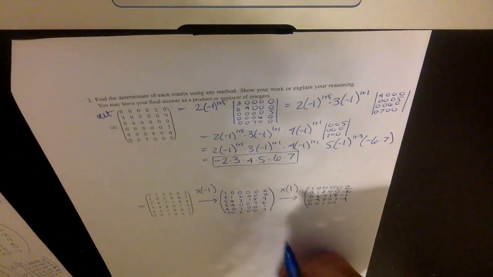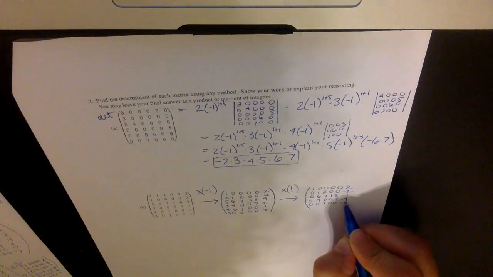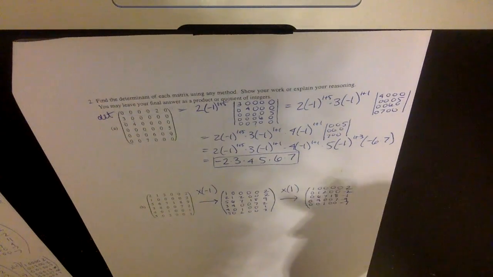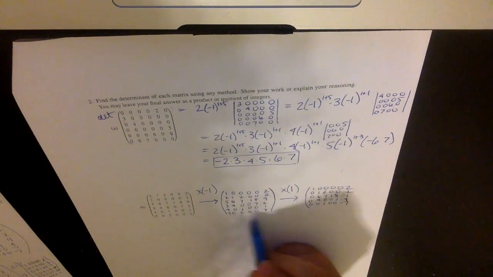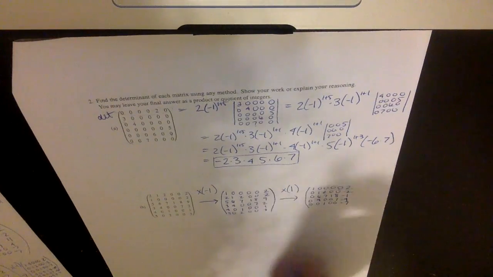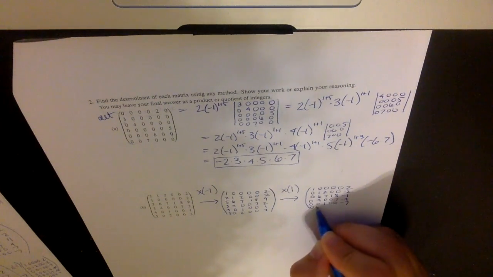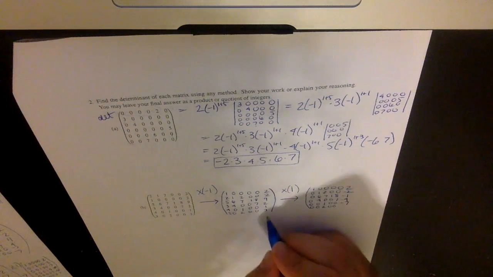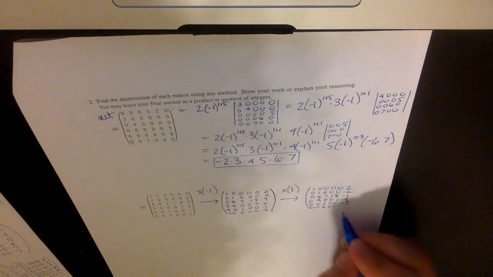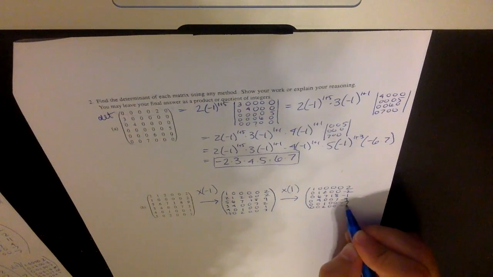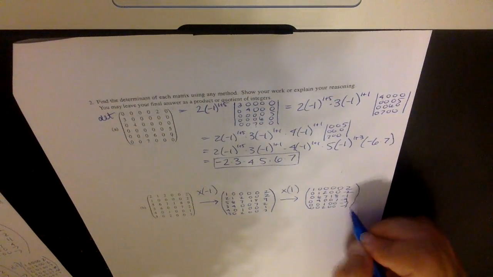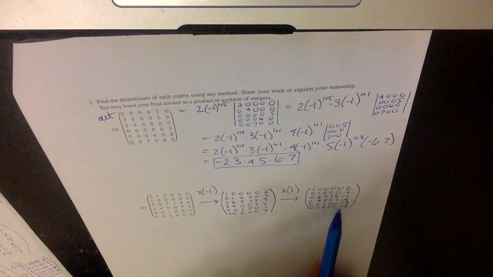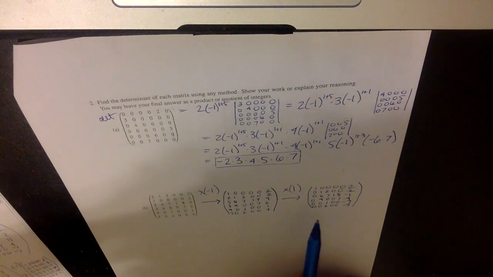Now 1 minus 8 is -7. Now the next row, I'm going to have the sixth row minus 5 times the first row, which is 0, 2, 0, 0. Now 3 minus 10 is -7. And in going from this matrix to this matrix, I didn't change the determinant at all.